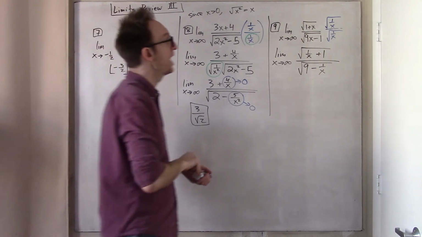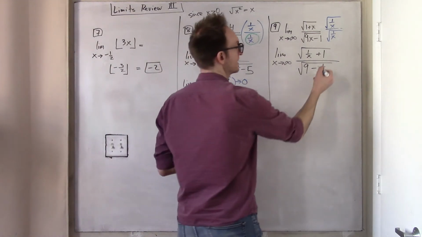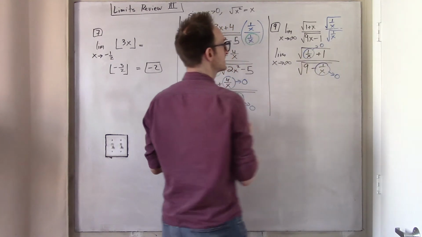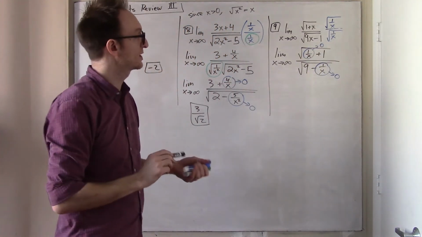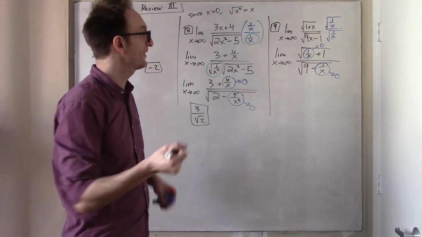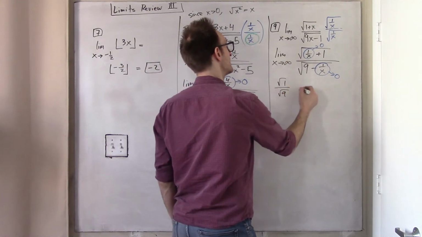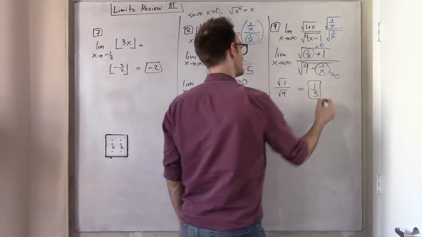And so this is going to 0. This is also going to 0, as x goes to infinity, and so this is looking pretty much like root 1 over root 9, and so the answer to this problem is just 1/3.